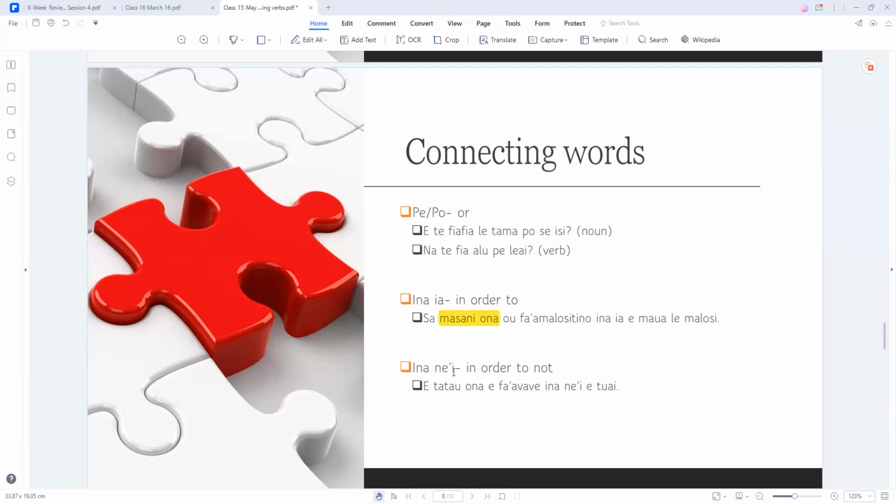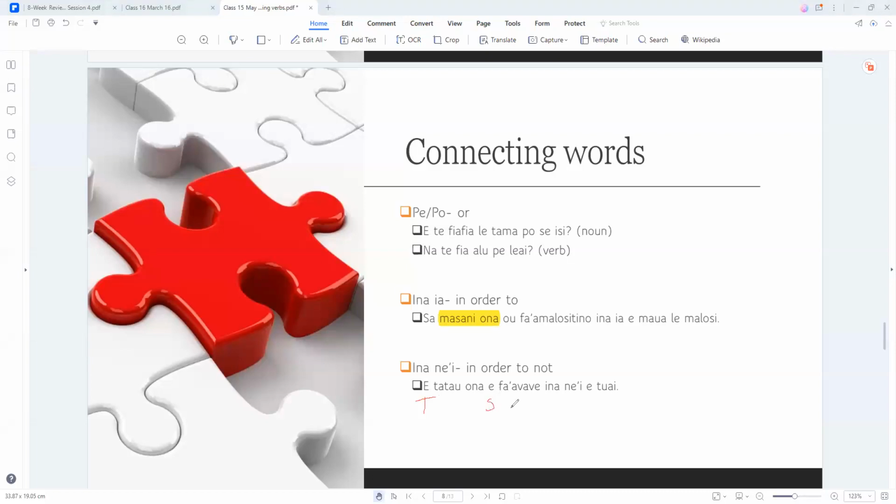E tatau ona e fa'avave ina ia ne'i e tuai. Does anyone know what this says? We'll break it down. I'll go slowly.